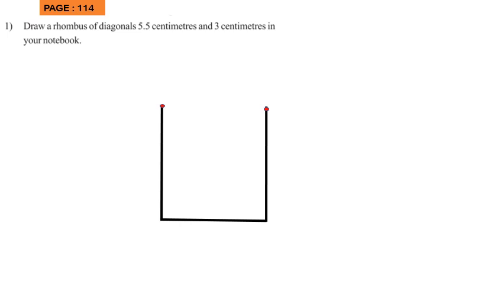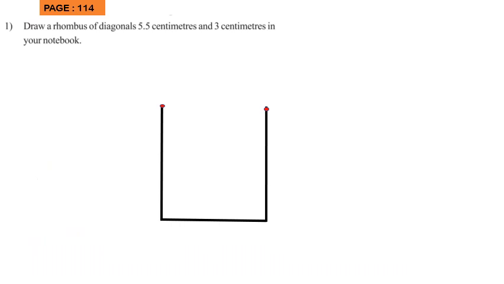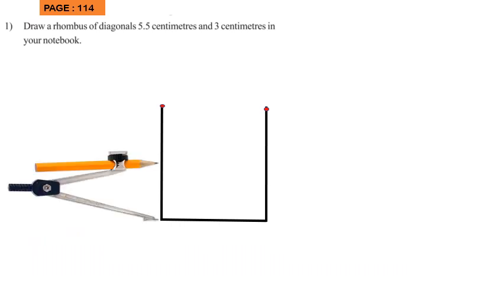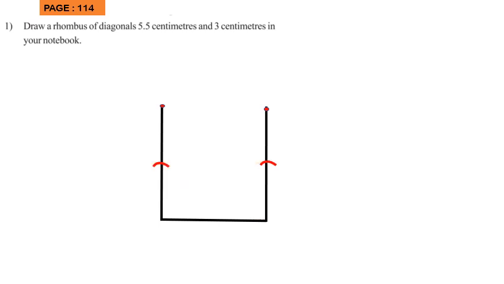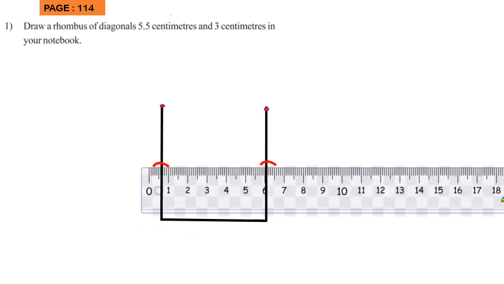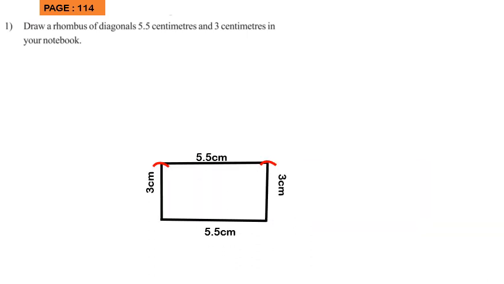Then take 3 centimeter in a compass and mark 3 centimeter breadth on both sides and join these intersecting points by using a ruler. Then erase the unwanted parts. We get a rectangle of length 5.5 centimeter and breadth 3 centimeter.